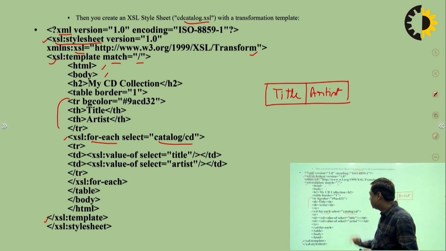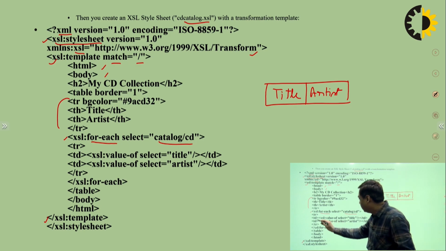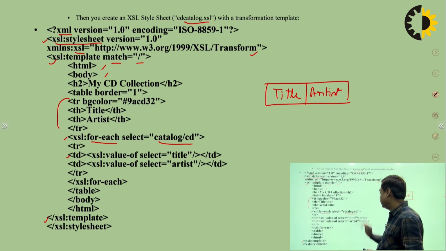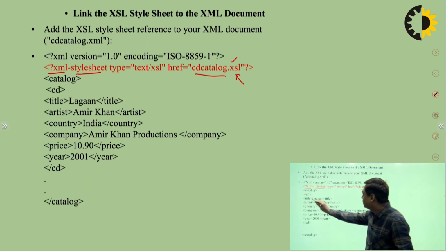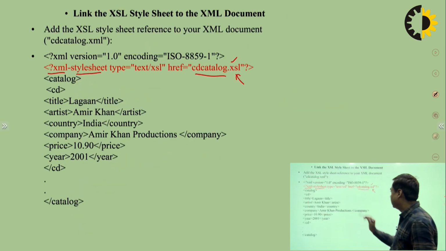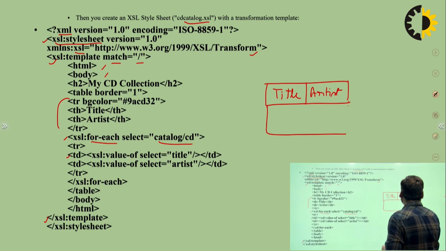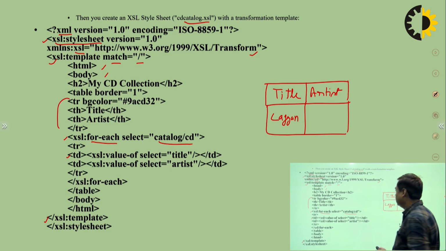So the first information, this is the first CD. We again generate a cell, and we are taking the value of this title. The title tag is already mentioned. The value of this title is Lagan. Next row will generate. It will display the name of the movie, Lagan.